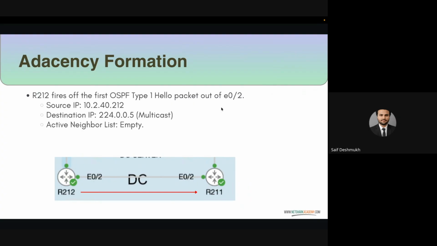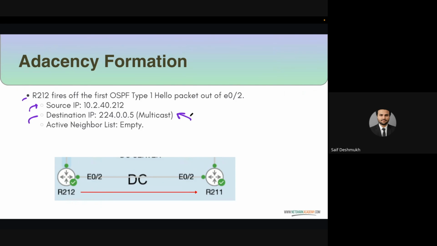Immediately when we configure OSPF, it's not fixed which router is going to send hello first. But here, to understand the process, we're assuming that router 212 has sent the first hello type 1 packet out of Ethernet 0/2. It added its source IP, and the destination is the multicast address 224.0.0.5.